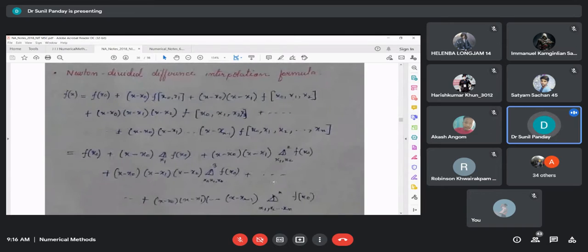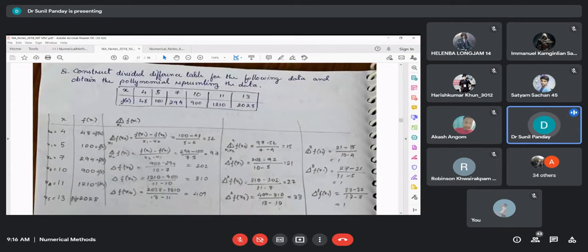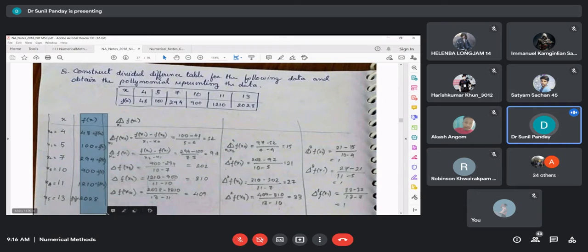So we will see how we construct the table for it. This is the data given to us. X is 4, 5, 7, 10, 11, 13, and the corresponding f of x values are this one. Then you have to construct the divided difference table.